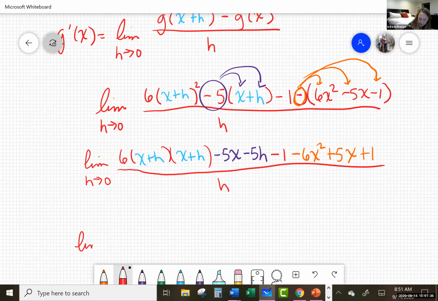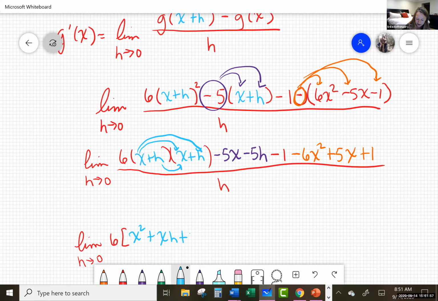So I need to bring down my 6. And if I FOILed x plus h times x plus h out, so x times x, that's x squared, x times h, that's a positive xh. This h times x, again, is xh. And then h times h, so plus h squared, in my bracket.